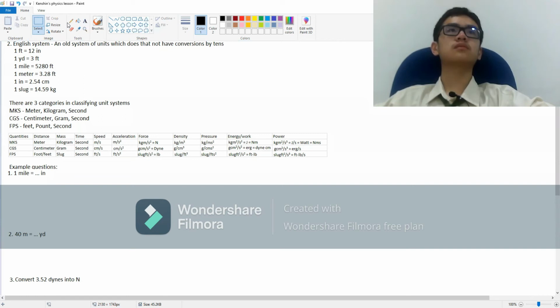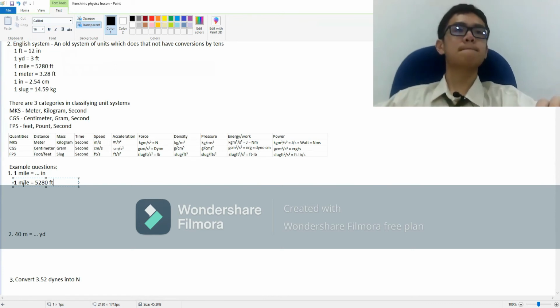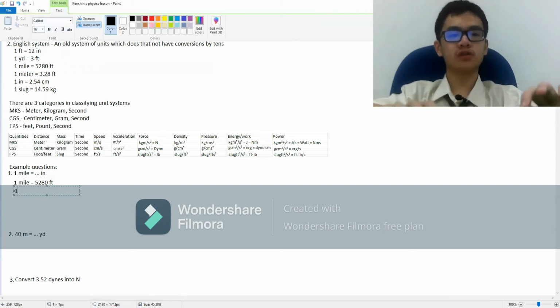So we put 1 mile here, equal to 5,280 feet, right? Then we have 1 foot is equal to 12 inches.